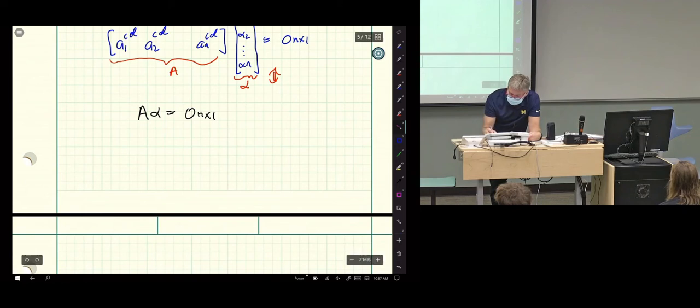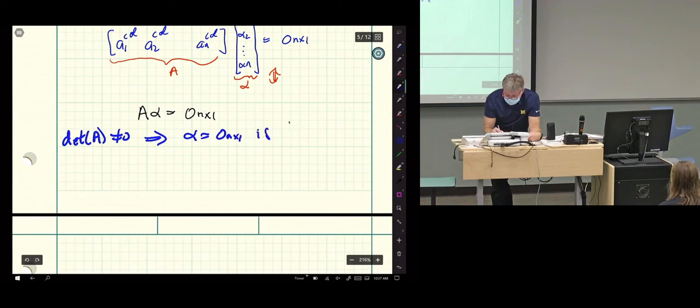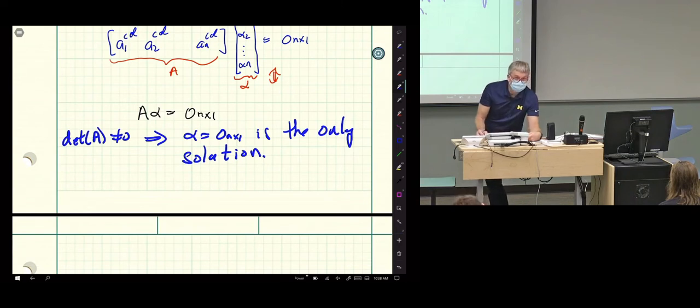So determinant of A not equal to 0 implies alpha equals 0 is the only solution. That's by uniqueness. And that's the definition of linear independence.